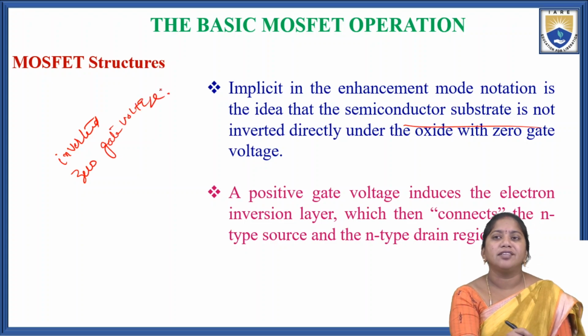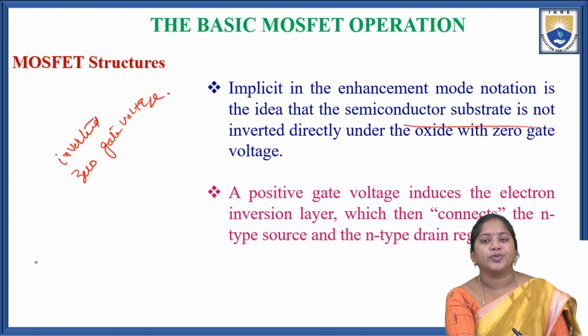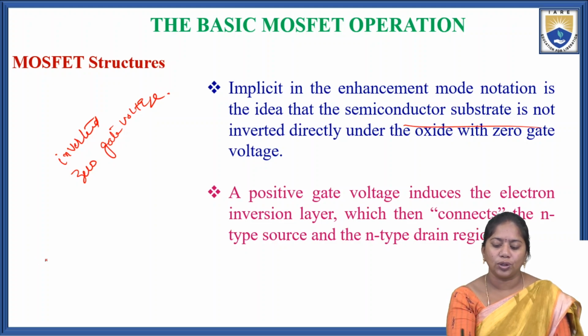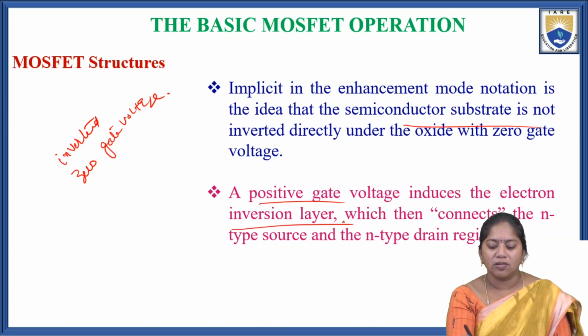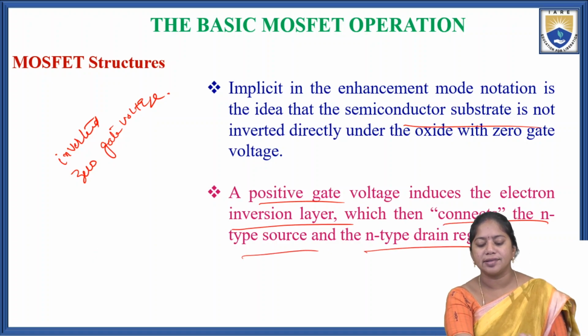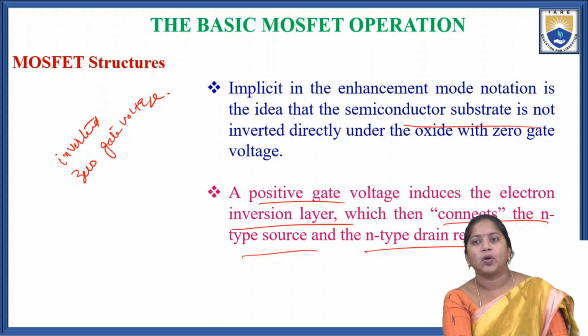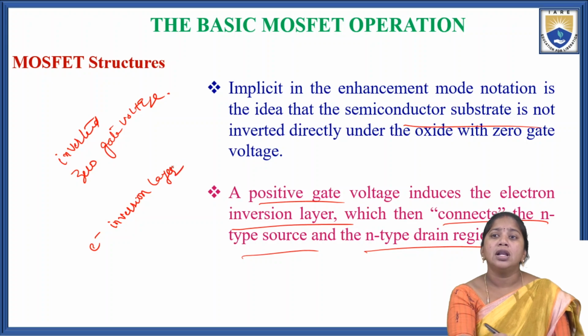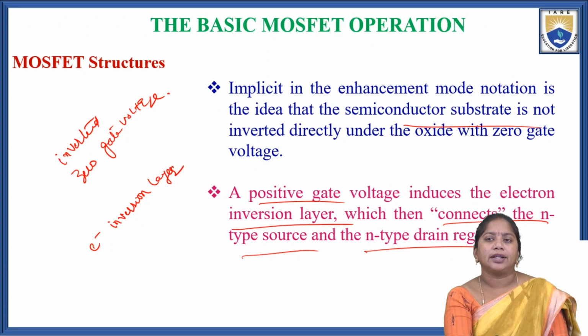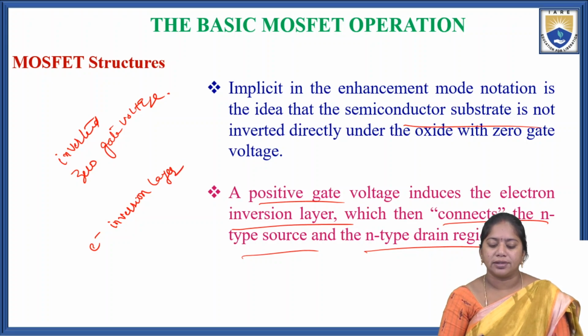A positive gate voltage induces an electron inversion layer, which then connects the N-type source and N-type drain regions.